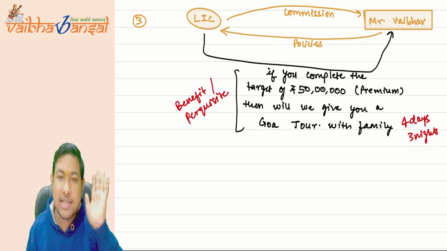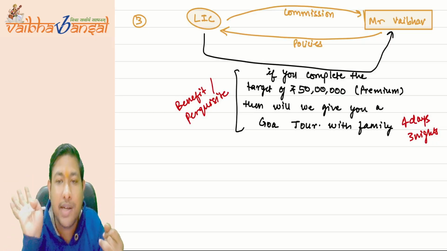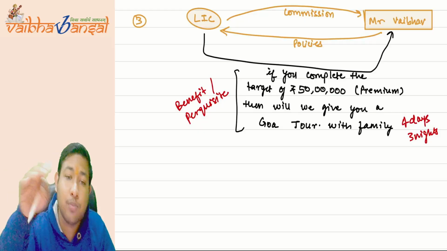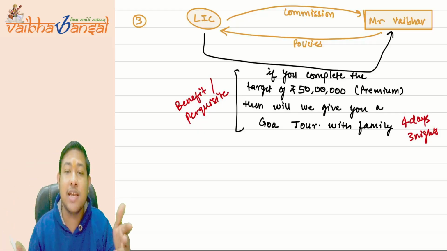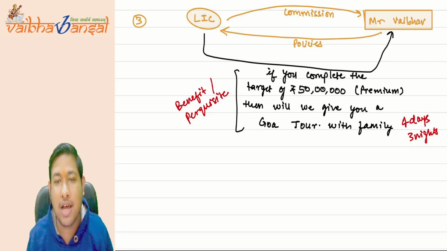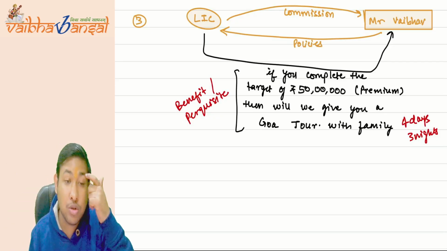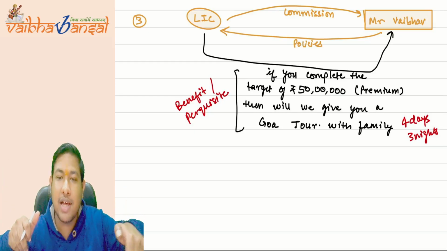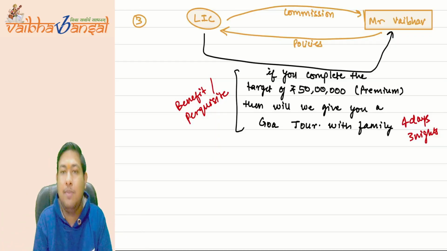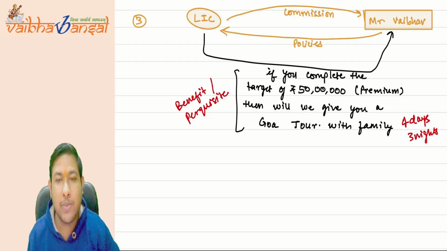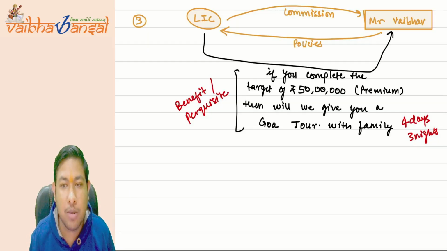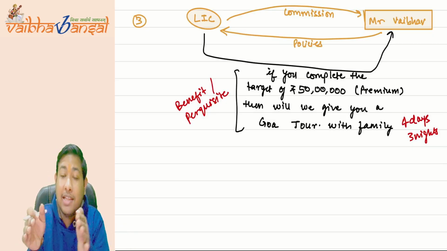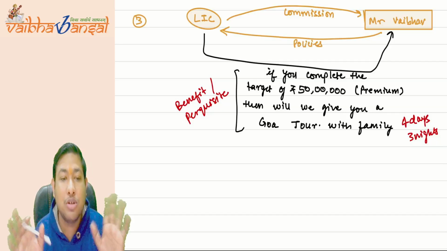So the government of India says that whether it is convertible into money or not, we do not care, whether it is in kind, in cash, or both. Suppose they say we will give you 20,000 extra along with the Goa tour. So 20,000 is partly cash, and the Goa tour is partly kind. There can be any permutation and combination, whether convertible into money or not, in cash, in kind, or partly in each. It does not matter.